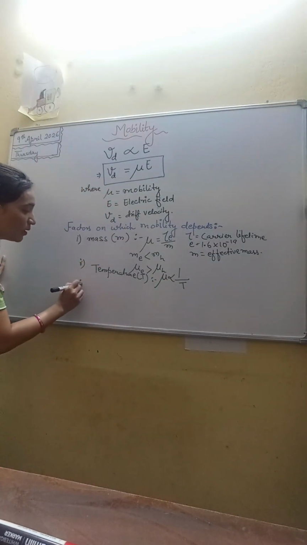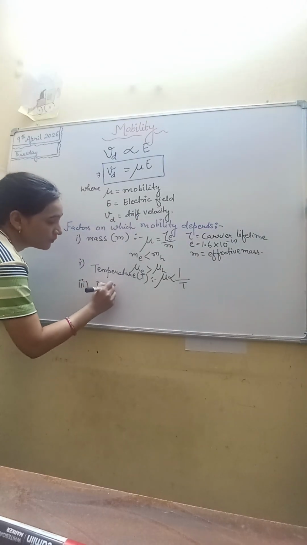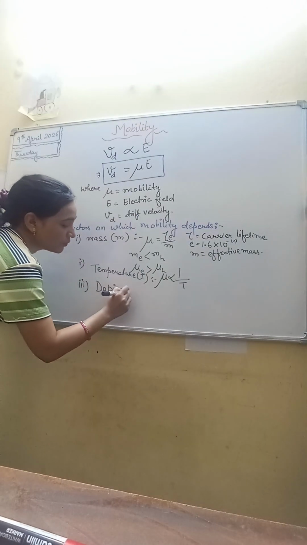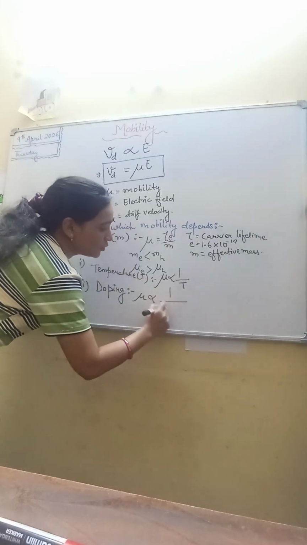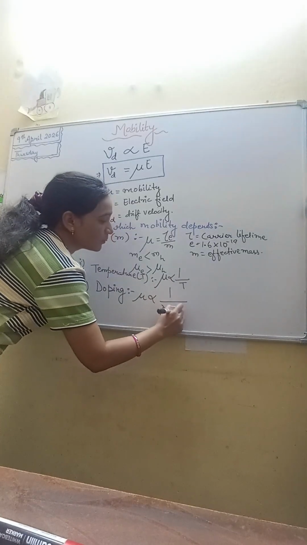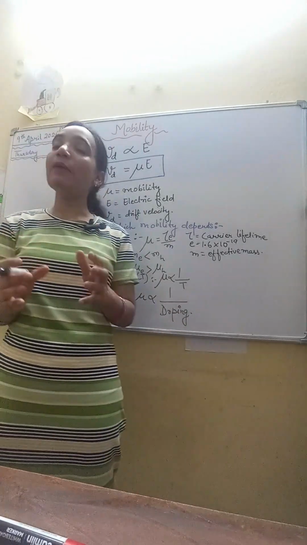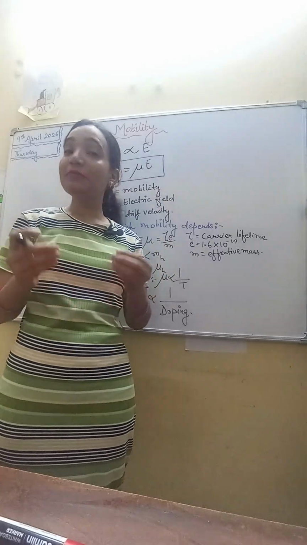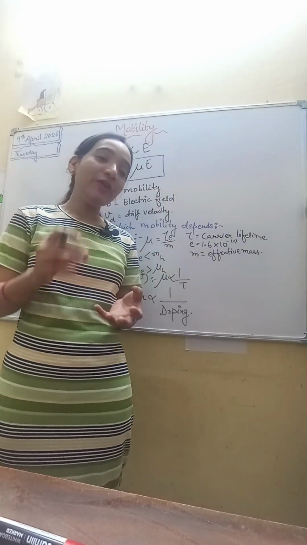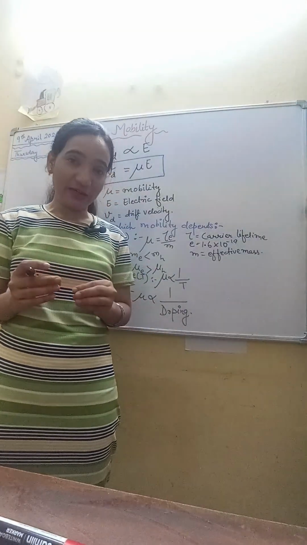Now, another factor is doping. Mobility is inversely proportional to doping. If we take the example of a semiconductor, an intrinsic semiconductor means the pure semiconductor. Doping is a process of adding impurity to the semiconductor, right?